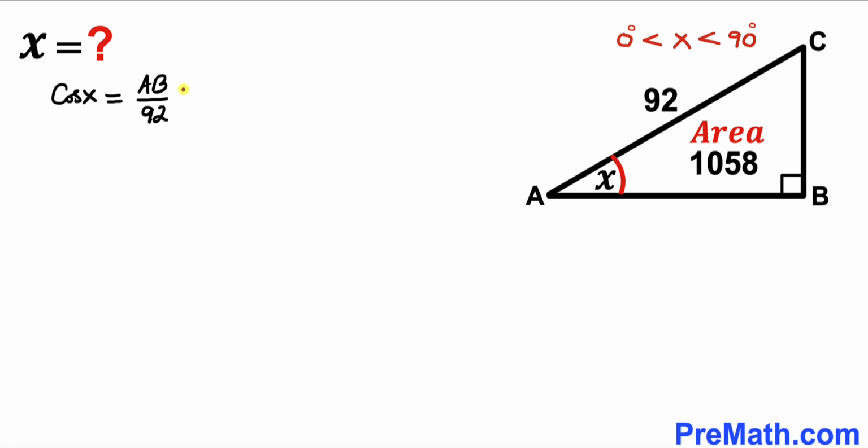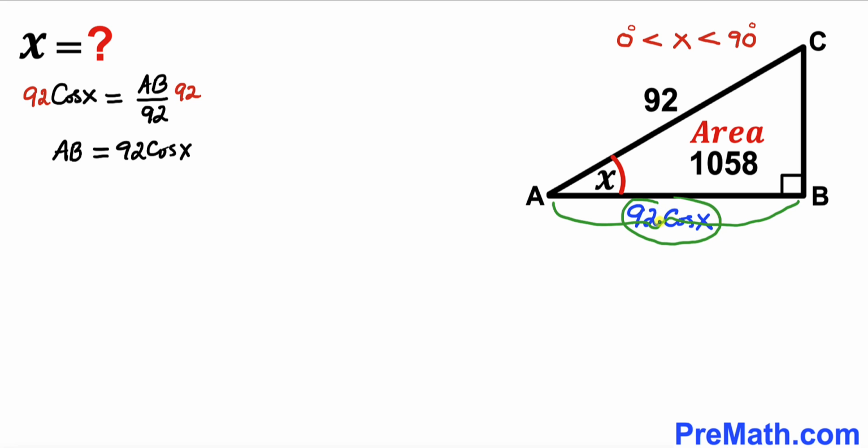Let's multiply both sides by 92 to isolate this AB length. So our AB length turns out to be 92 times cosine of X.